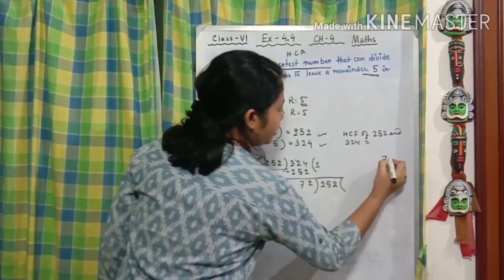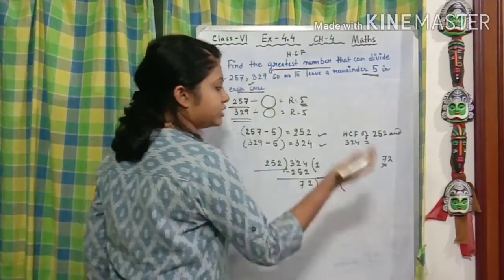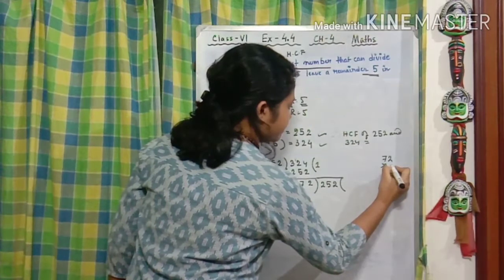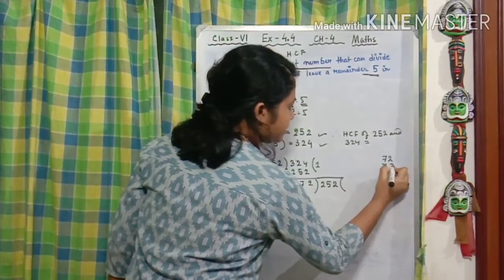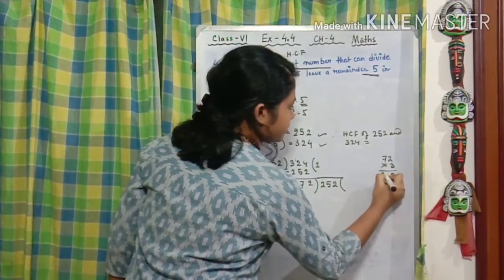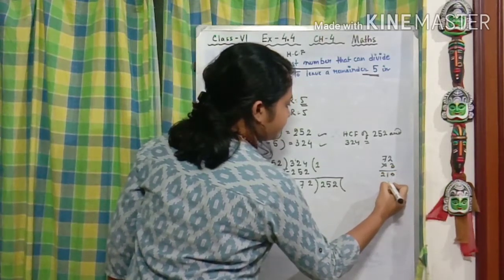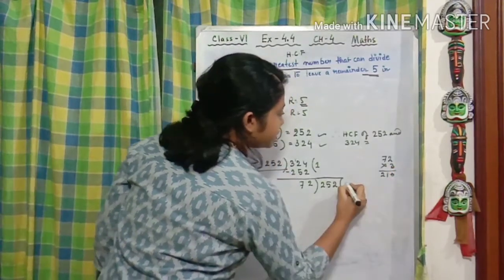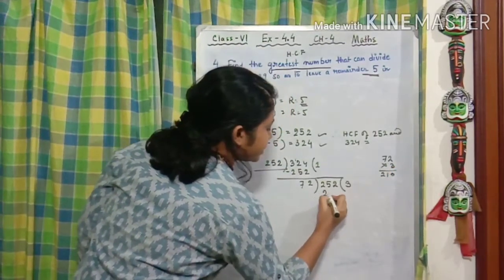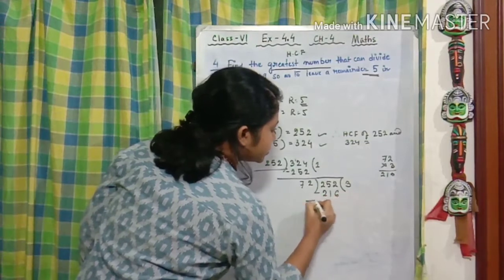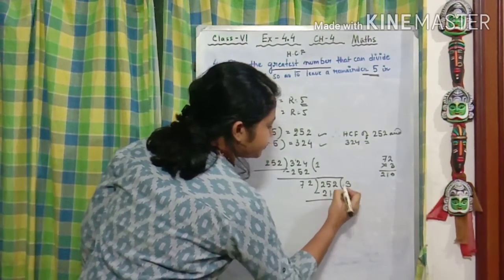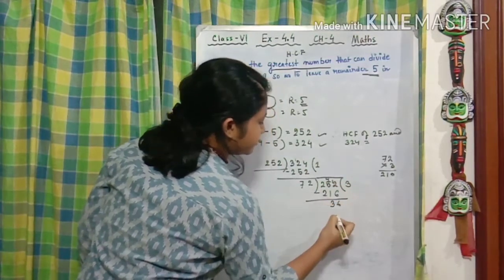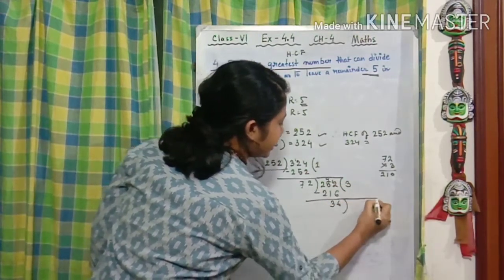Now we are going to divide the divisor, that is 252, by the remainder. Now what is going to come? We have to see the closest possible number. So 3 here, 216 is the closest number to 252, and 36 is coming as the remainder.